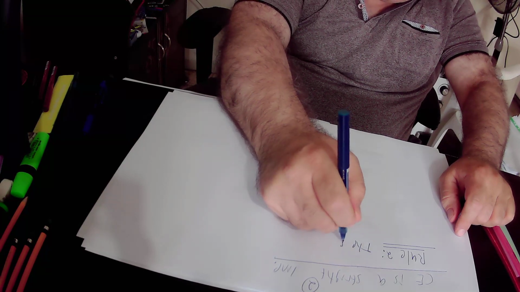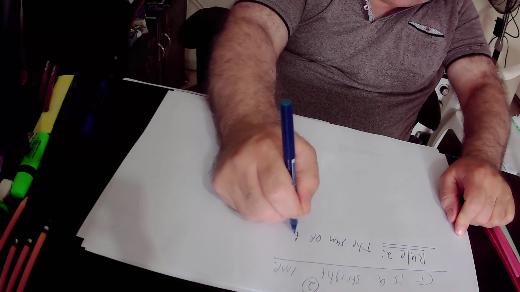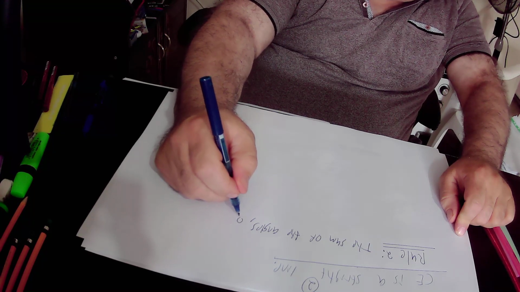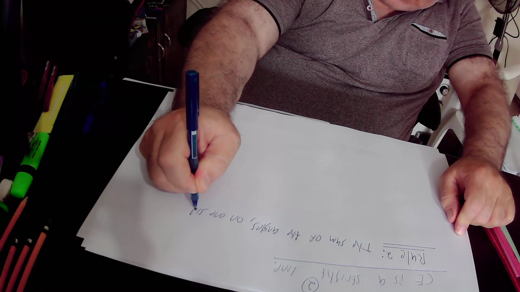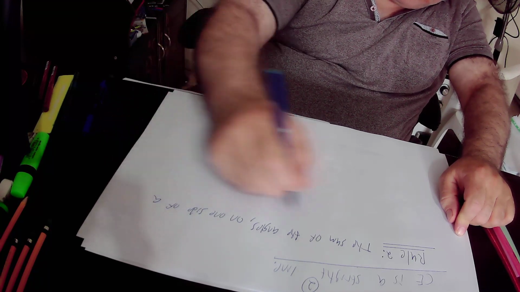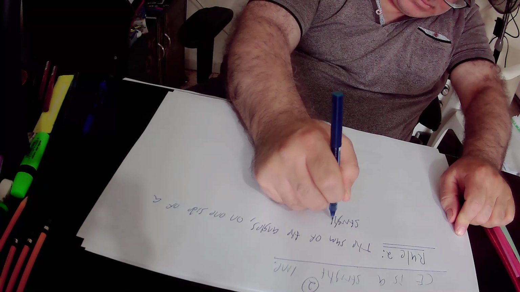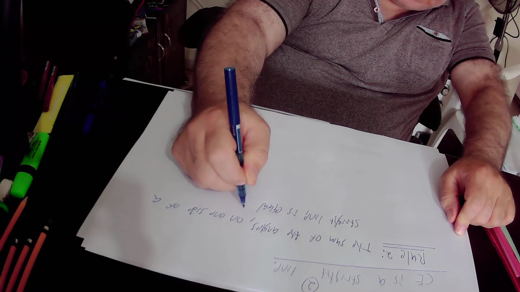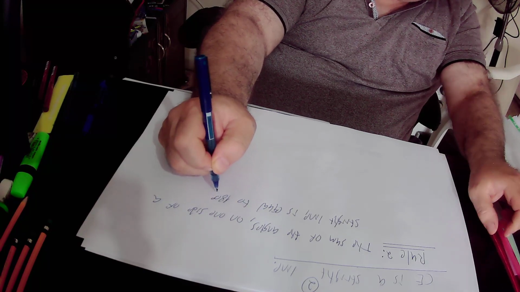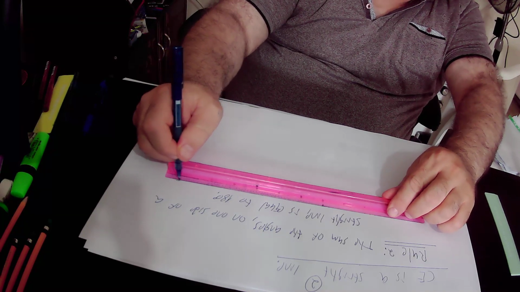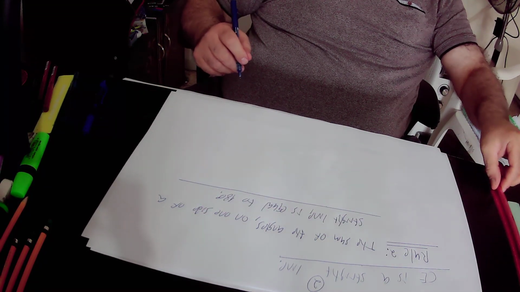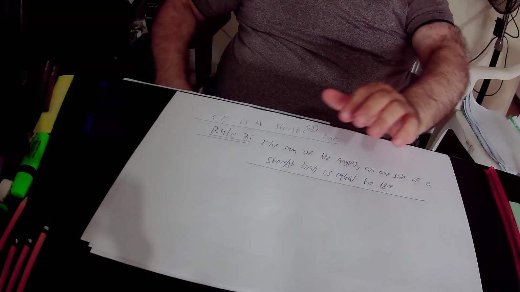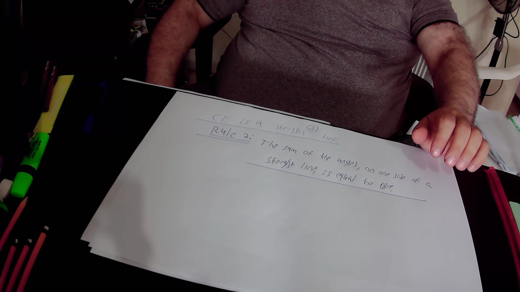The sum of the angles on one side of a straight line is equal to 180 degrees. I'll read rule number 2 again. According to rule number 2, the sum of the angles on one side of a straight line is equal to 180 degrees.